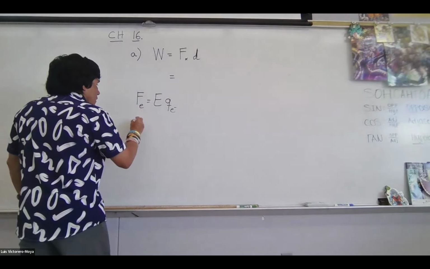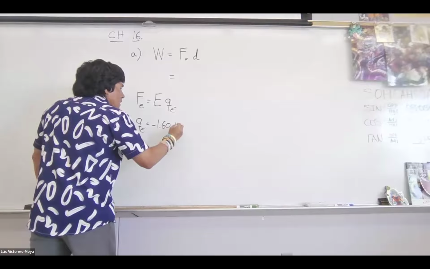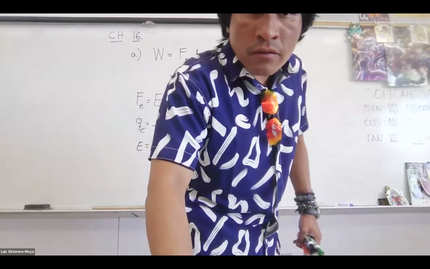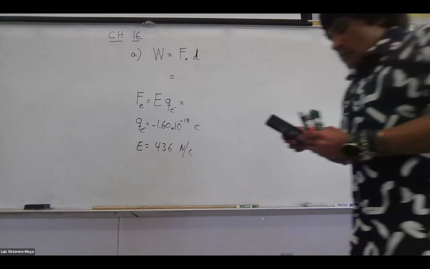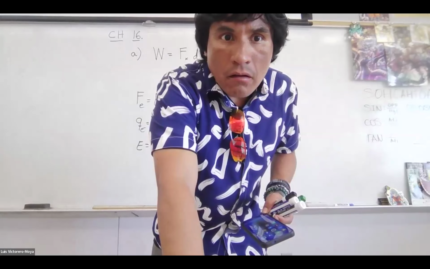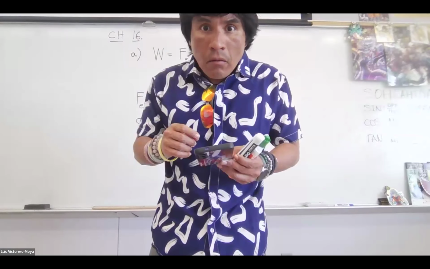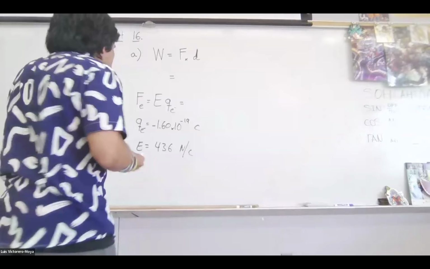The charge of the electron is 1.60 times 10 to the negative 19.